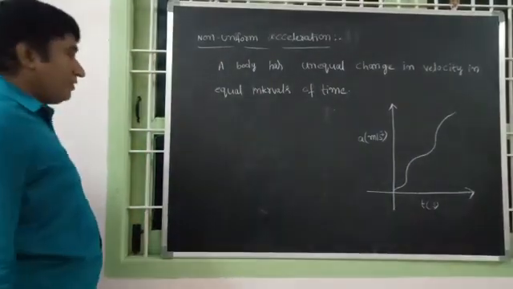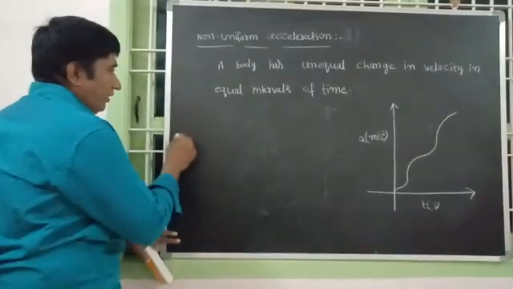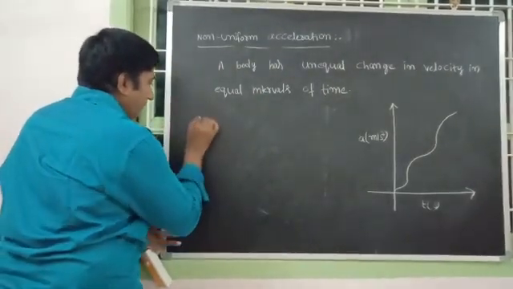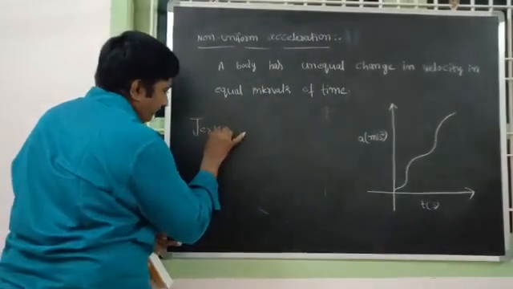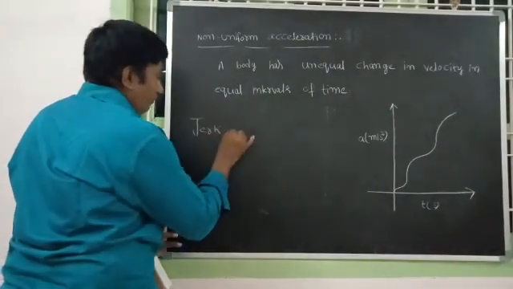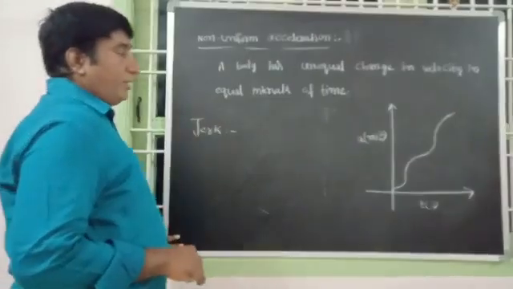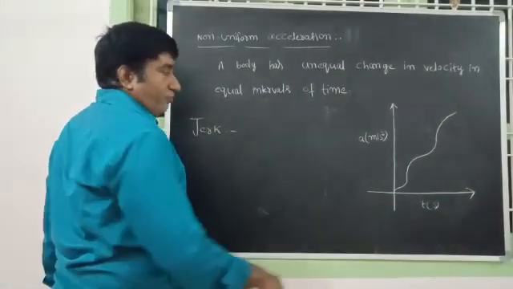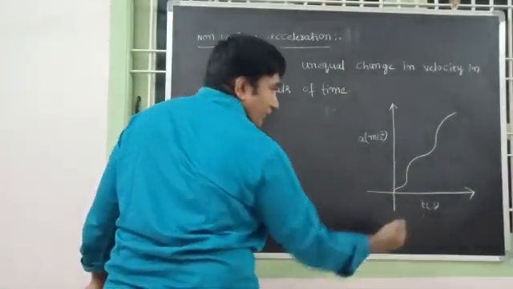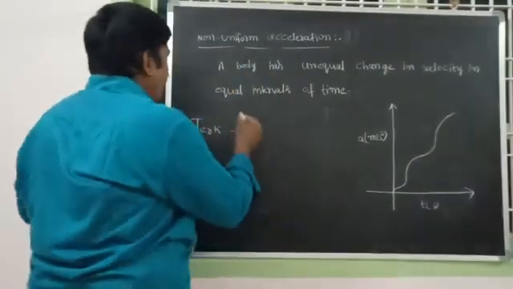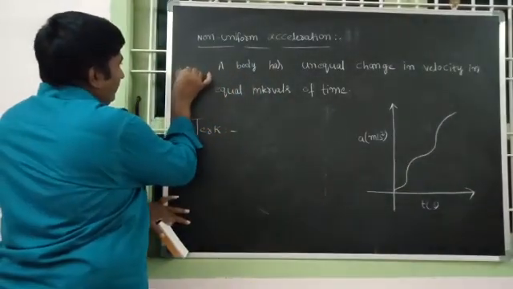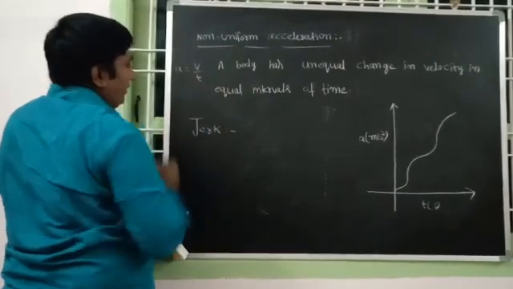The last one is jerk, which we define as the rate of change of acceleration. Acceleration is velocity by time.